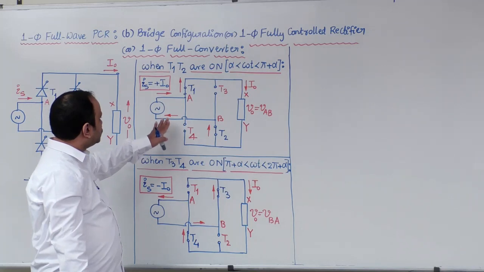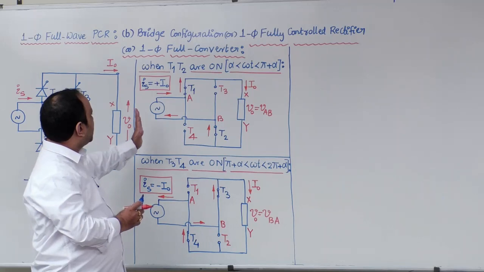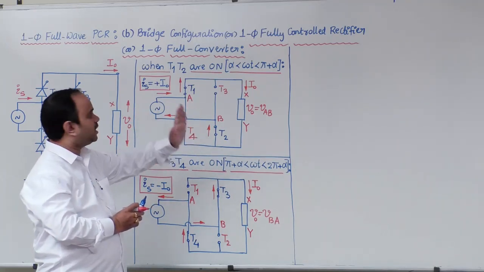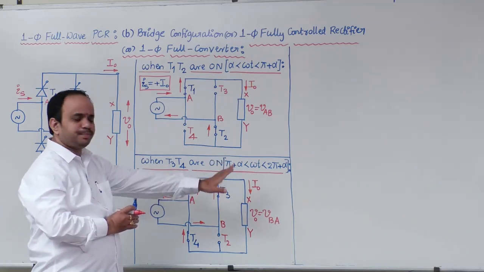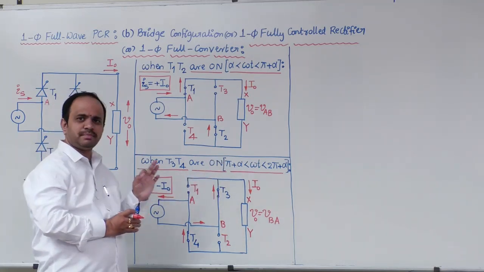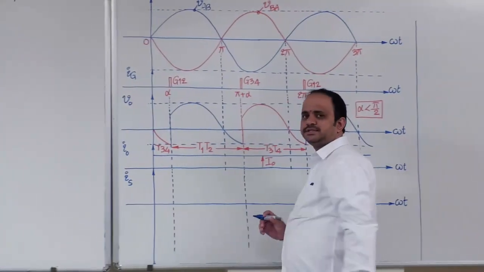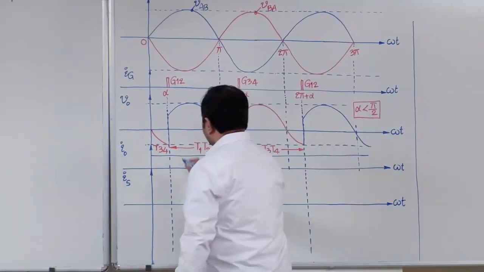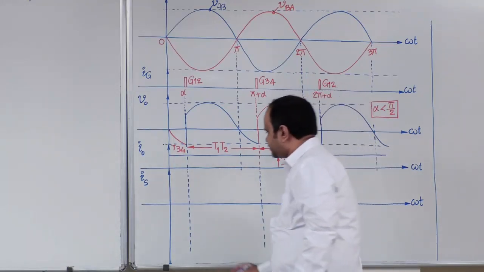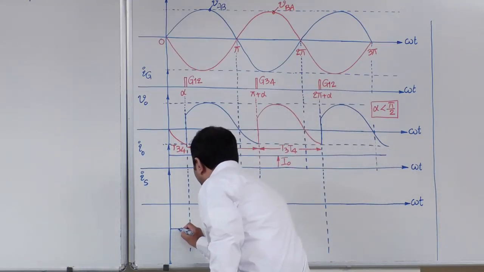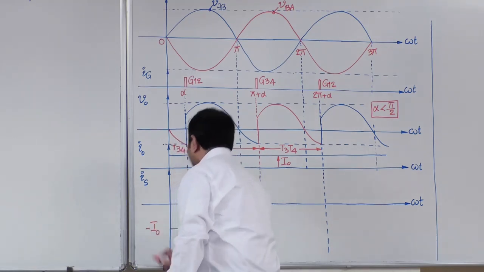Now, in order to draw the waveform, what is the conclusion? In what way do you need to draw? Alpha to pi plus alpha, Is is equal to plus I naught. Pi plus alpha to 2 pi plus alpha, Is is equal to minus I naught. Therefore, I will put those conclusions in the waveform here. From 0 to alpha, the T3 T4 pair is in conduction, hence we can draw the source current here equal to minus I naught.